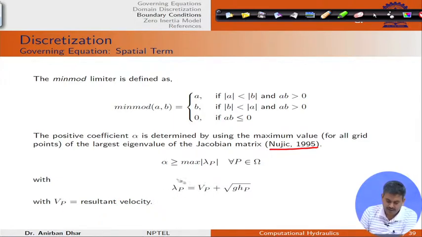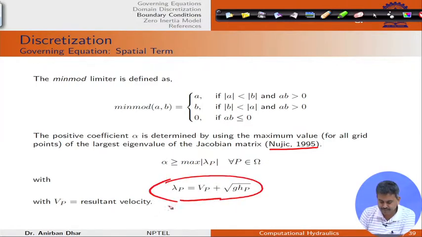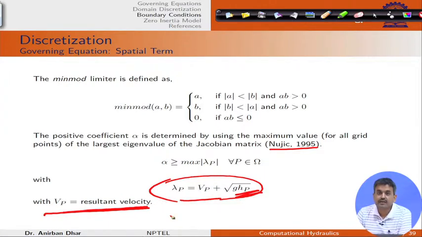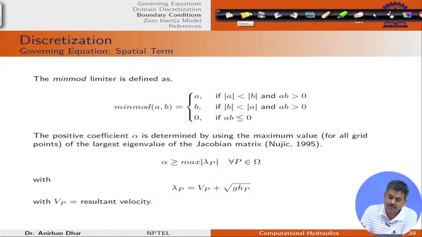Obviously, this can be approximated with lambda p equals to V p plus root over H p. V p is the resultant velocity, and H p, this is our depth of flow in case of surface flooding or surface water flow.